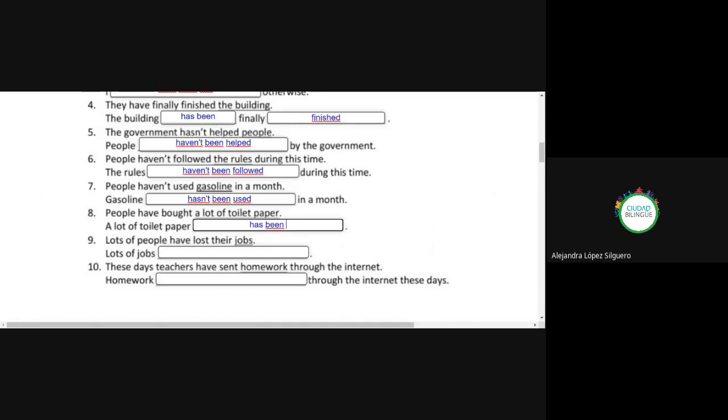So a lot of toilet paper has been bought. Muy bien. 9. Lots of people have lost their jobs. Lots of people have lost their jobs, and we have lots of jobs have been lost. Have been lost. Very good.